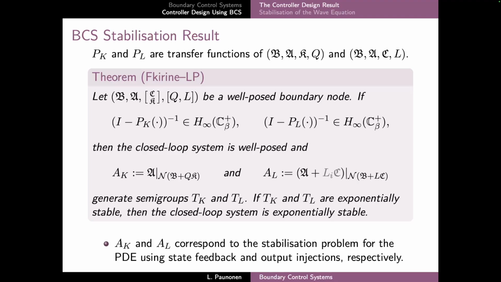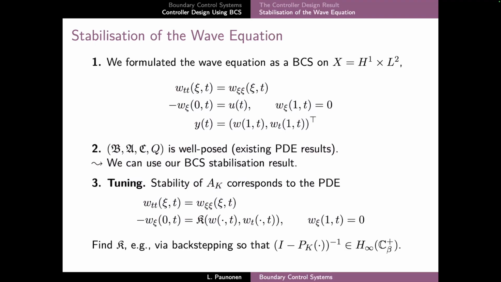So let's take a look at how we can apply our result in the context of the wave equation. We already saw that we can represent in the first step our wave equation as an abstract boundary control system. We can also apply direct analysis based on existing PDE results to show that this boundary node associated with the wave equation is well posed.